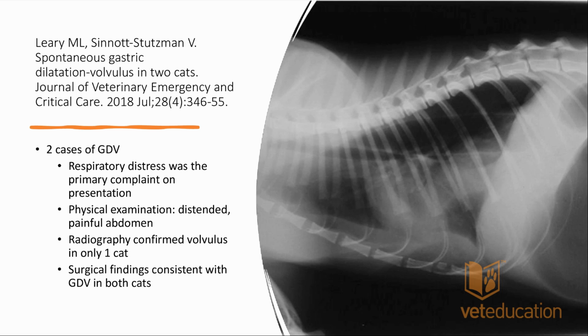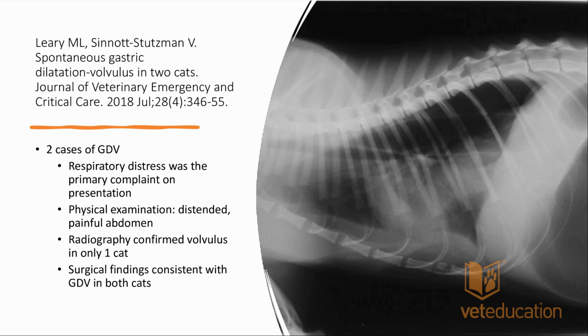Radiography in these patients confirmed volvulus in 1 cat. Both these cats had distended painful abdomen and respiratory distress. Radiography said 1 cat has gastric dilatation volvulus, the other one doesn't. They both got taken to surgery. They both had GDV. This is important even for canine GDV. Sometimes in gastric dilatation volvulus syndrome, the volvulus can be 90 degrees.